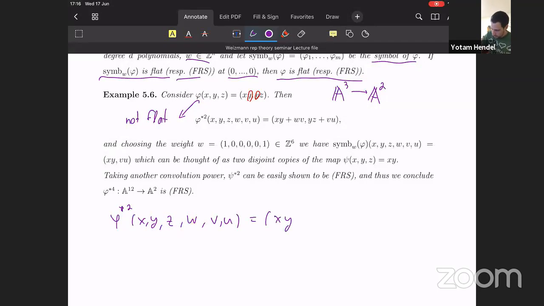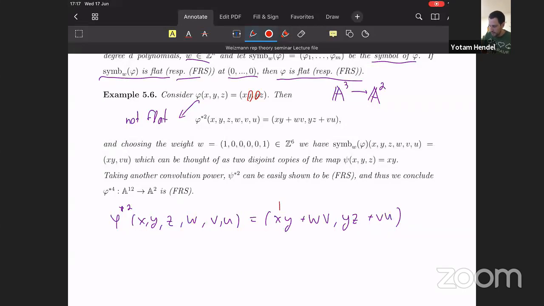And now this allowed me to somehow separate these two coordinates, because I will try to choose some weight such that after taking the symbol, each coordinate will have different variables, and this will just be a Cartesian product of morphisms, which I could take care of each of them separately.